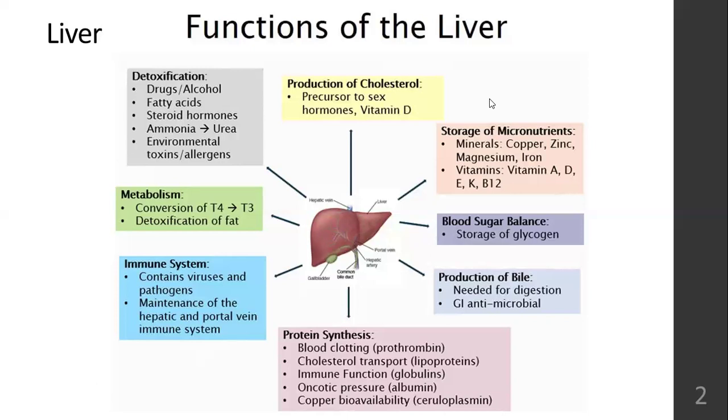Immune system: it contains viruses and pathogens. While detoxifying the blood, it takes care of the infectious viruses and other toxins and bacteria within the blood. The immune cells available in the liver take care of disintegrating the pathogens.